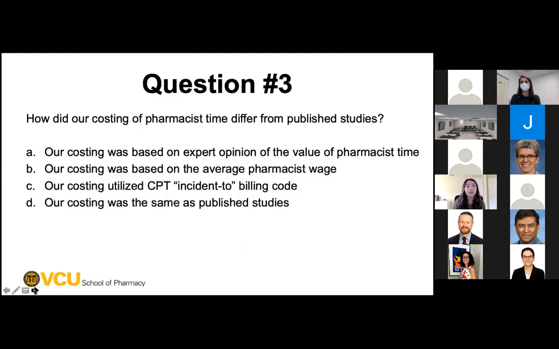So question number 3: how did our costing of pharmacist time differ from published studies? Is it A, our costing was based on expert opinion of the value of pharmacist time? B, our costing was based on average pharmacist wage? C, our costing utilized CPT incident to billing codes? Or D, our costing was the same as published studies?